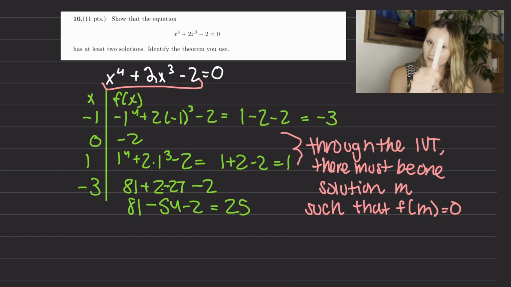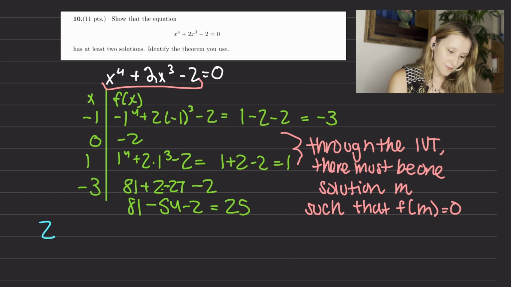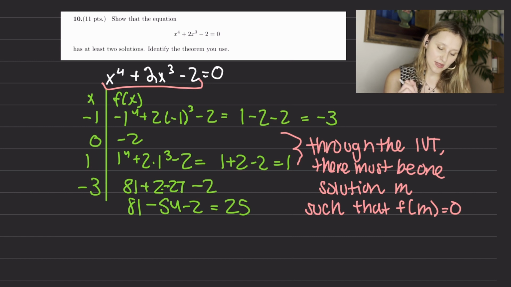Therefore, the intermediate value theorem, by the same logic, tells us that it passes through 0. So there must be at least one solution between -1 and -3. So what we found is, through that, there must be one solution m such that f of m equals 0.